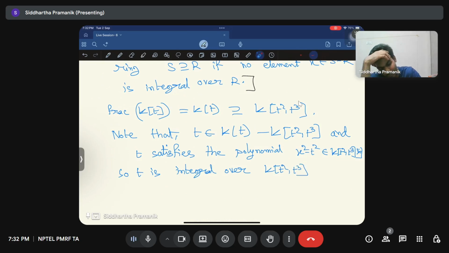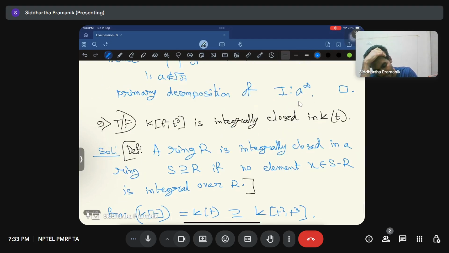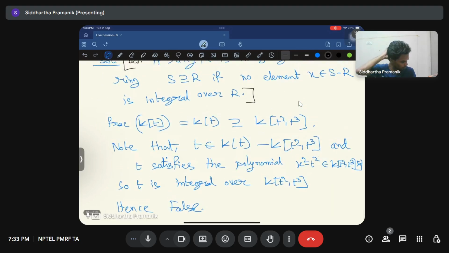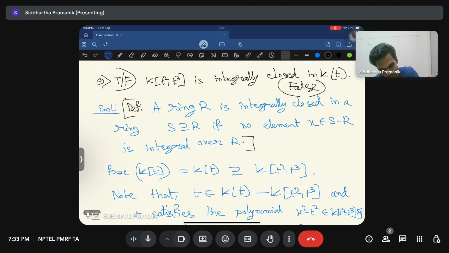So an element which is not in the subring but in the bigger ring is integral over the smaller ring. So this cannot be integrally closed. Hence false. So this one is false. So I hope it is clear.